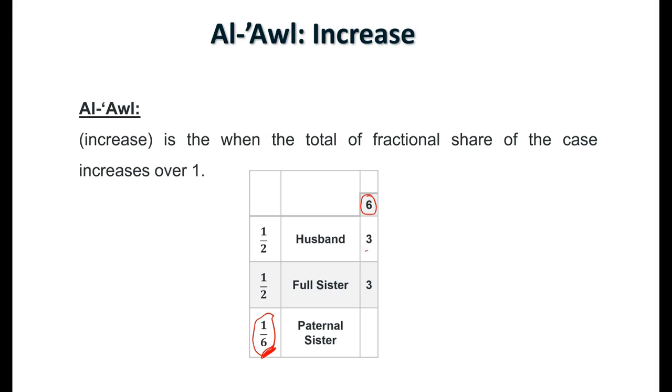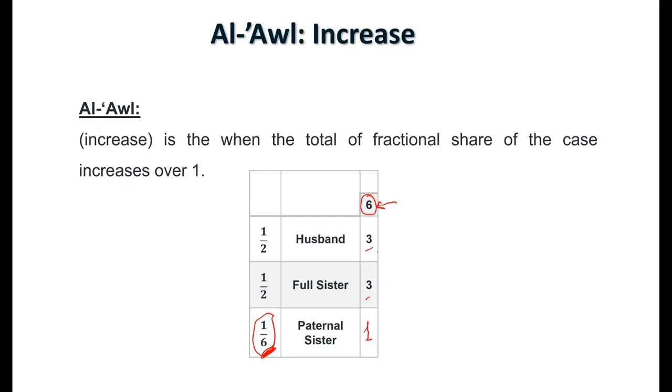The husband gets half. The full sister gets half. The money is now finished, but this individual, paternal sister, who has the right to inherit 1/6, must be given her share. So therefore, we have to give her 1/6 out of the 6 here.